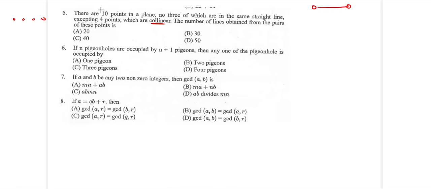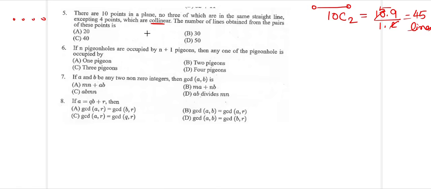There are 10 points, so how many such lines can be made? 10C2, so this gives 10 into 9 by 1 into 2. This goes 5 times. 9 5s are 45 lines can be made using the 10.